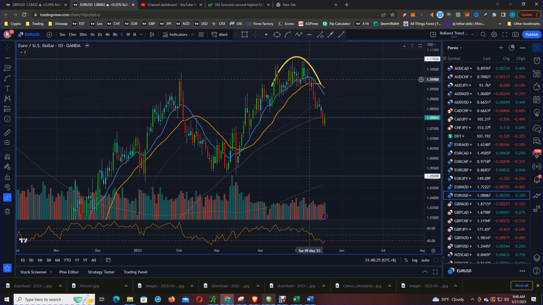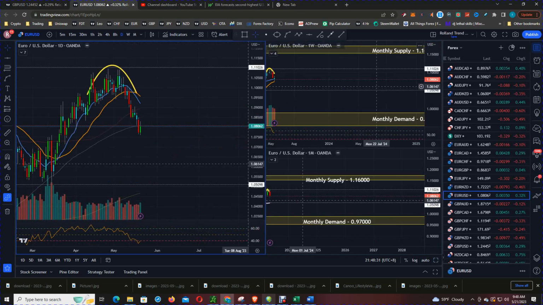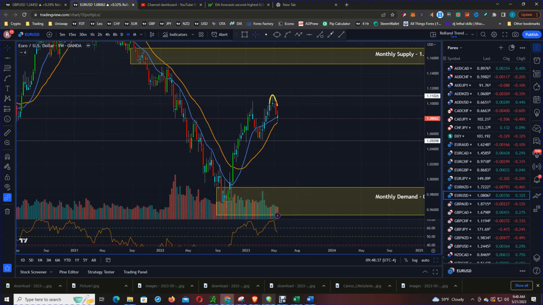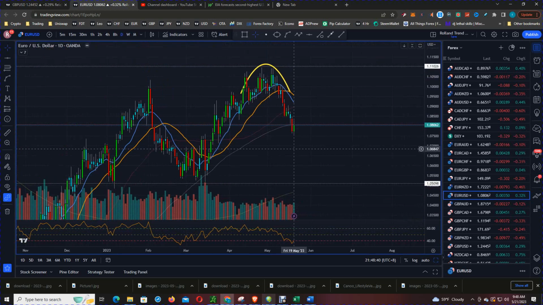However, this can be just a pullback before the next impulse move higher due to the weekly chart being in an uptrend. And on the way down on the pullback, the correction, there may be some sellers here, but the price structure is not ideal.